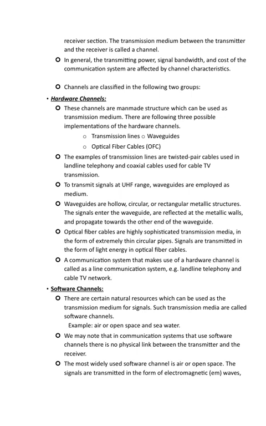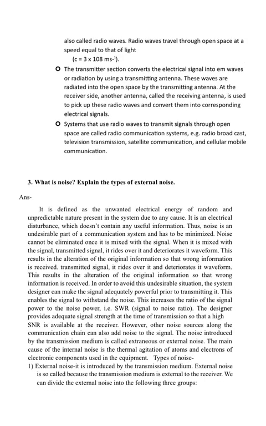We may note that in communication systems that use software channels there is no physical link between the transmitter and the receiver. The most commonly used software channels are electromagnetic waves. Usually the radio waves travel through open space at a speed equal to that of light, that is c = 3 × 10^8 m/s.